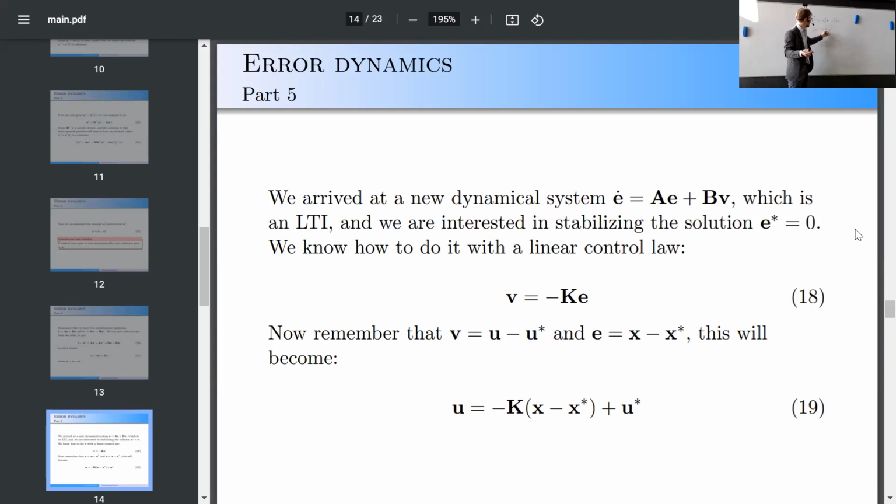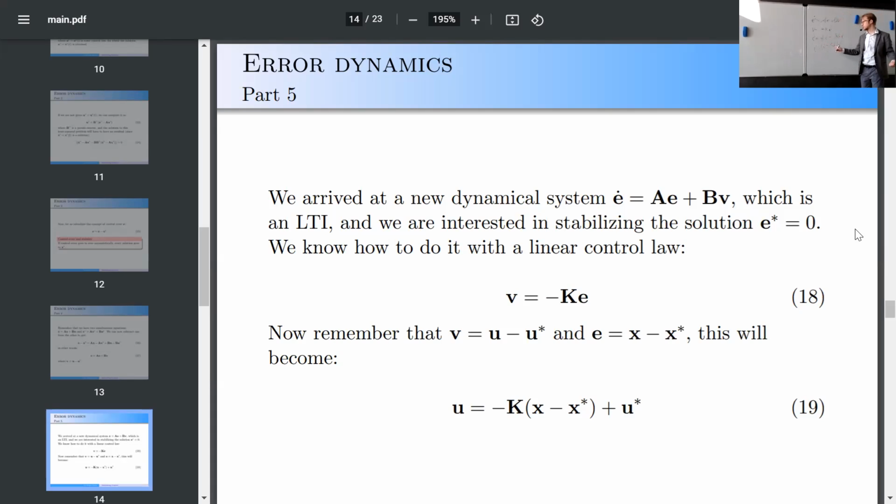After I substitute this into here, what I get is e dot equals A e minus B K e. And after I take e out of the brackets, I get e dot equals (A minus B K) e. And this matrix would have to be stable, with negative real parts of the eigenvalues. That is all.